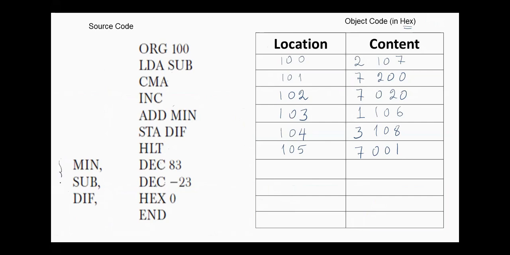Next, we have 2 lines in the source program that specify decimal operands with the pseudo instruction decimal. So in location 106, we have the decimal value 83, and we have to convert this decimal value into hexadecimal.